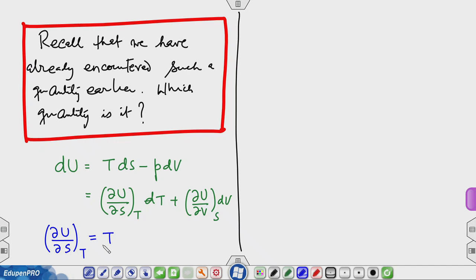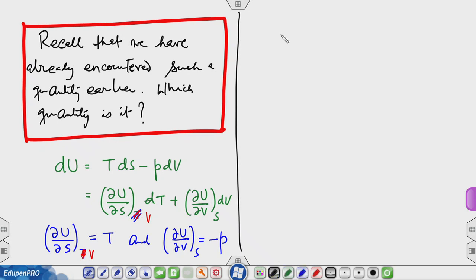Sorry, this is at constant V, there was a mistake. If I keep the volume the same and change the entropy, then the partial change of U with respect to S is T. And similarly, partial U over partial V at constant S, that is, no heat is being exchanged, is equal to minus P.